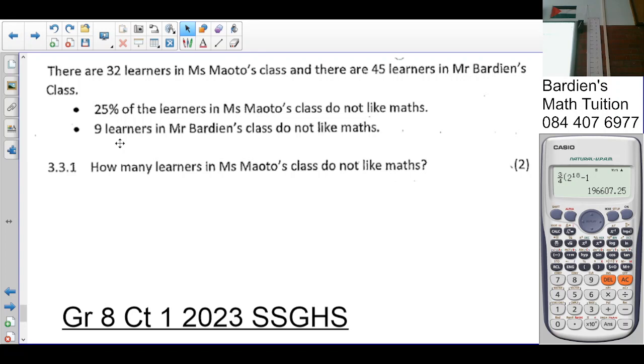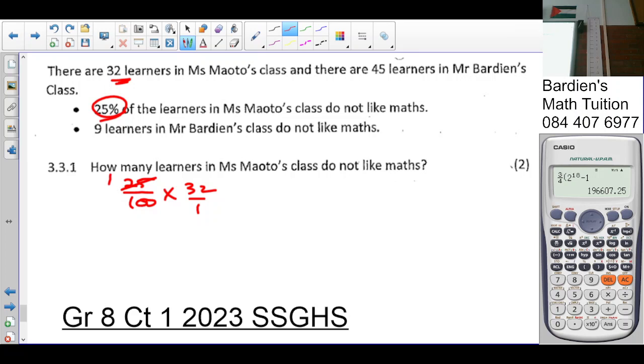How many learners in Ms. Mawoto's class do not like maths? So 25%, since there are 32 learners in Ms. Mawoto's class, is 25% of 32. So it's 25 over 100 times 32 over 1. 25 going into 25 once, 25 going into 100 4 times. 4 going into 4 once, 4 going into 32 8 times. So therefore, 8 learners.